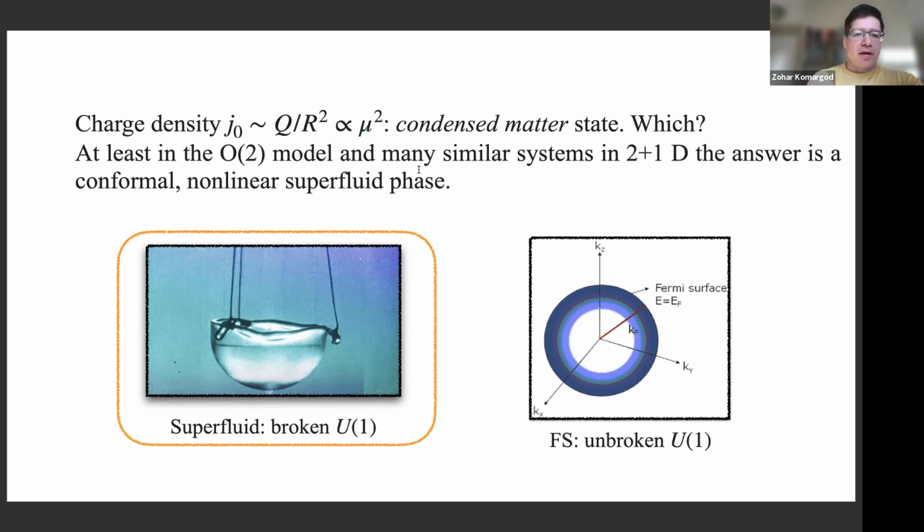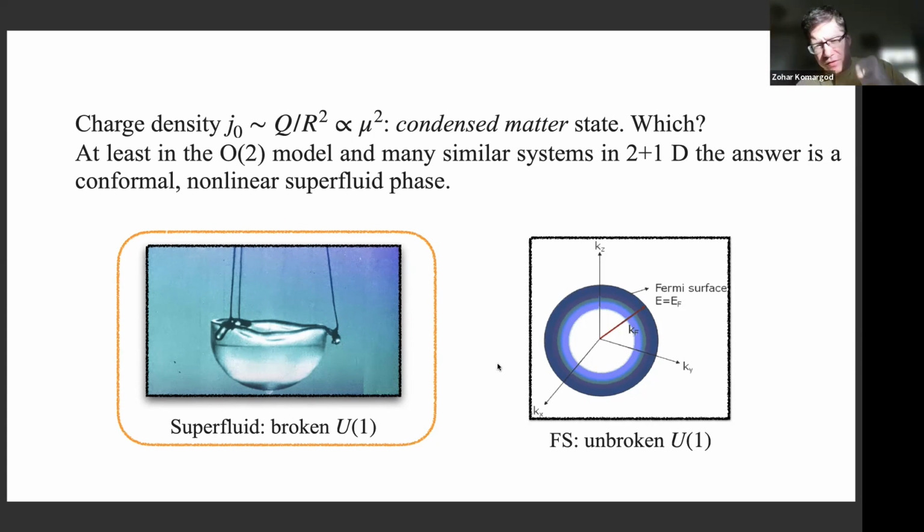Now, in condensed matter theory, if you fix the charge density and you ask what is the ground state, people have found many possible phases of matter. Perhaps the two most famous phases that can appear are the Fermi surface, which describes basically a bunch of free fermions at the correct density, or a broken U1 symmetry, which is a superfluid.